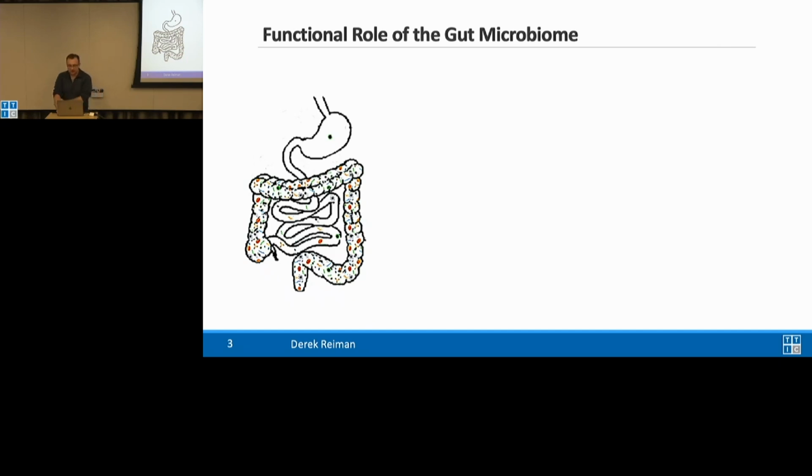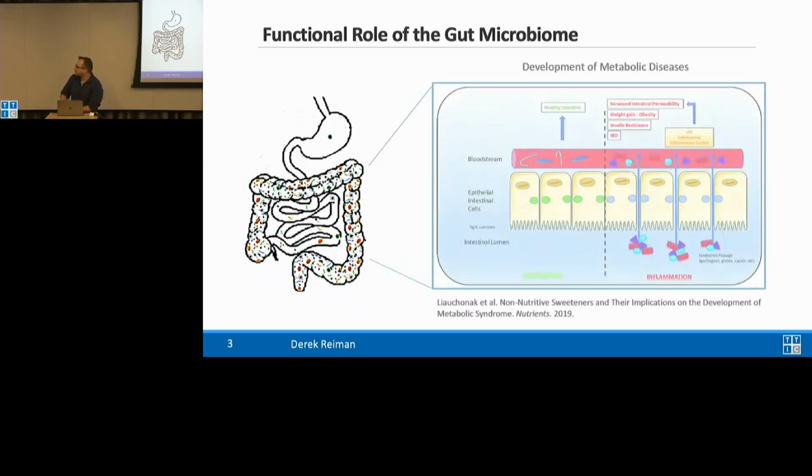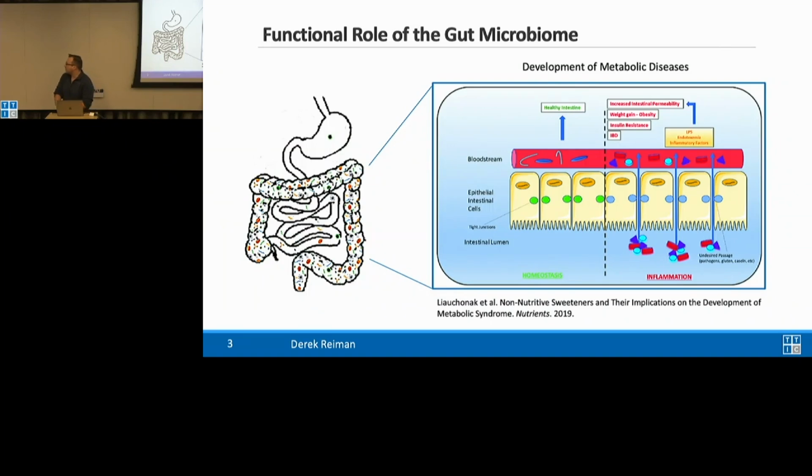The reason I'm really interested in the gut microbiome, and it's become such a hot topic in the last few years, is our growth in understanding of what it's doing for us in health. Some of the earliest studies looked at the role of the gut microbiome in metabolic diseases. We know a lot of metabolic processes go on in the intestines, and the microbiome is a heavy component of that. Under healthy circumstances, you generally have a healthy phenotype.